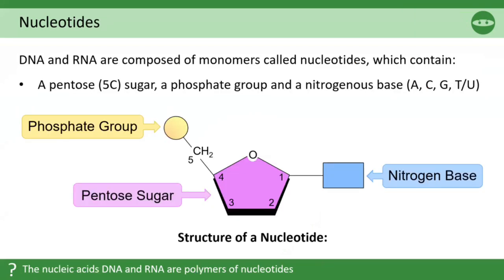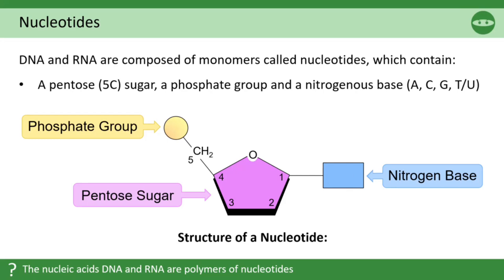First, the nucleotide is composed of three main parts: the phosphate group here in yellow, the pentose sugar in purple, and the nitrogenous base that is represented here by a blue color. So DNA or RNA, both are composed of monomers that are called nucleotides.